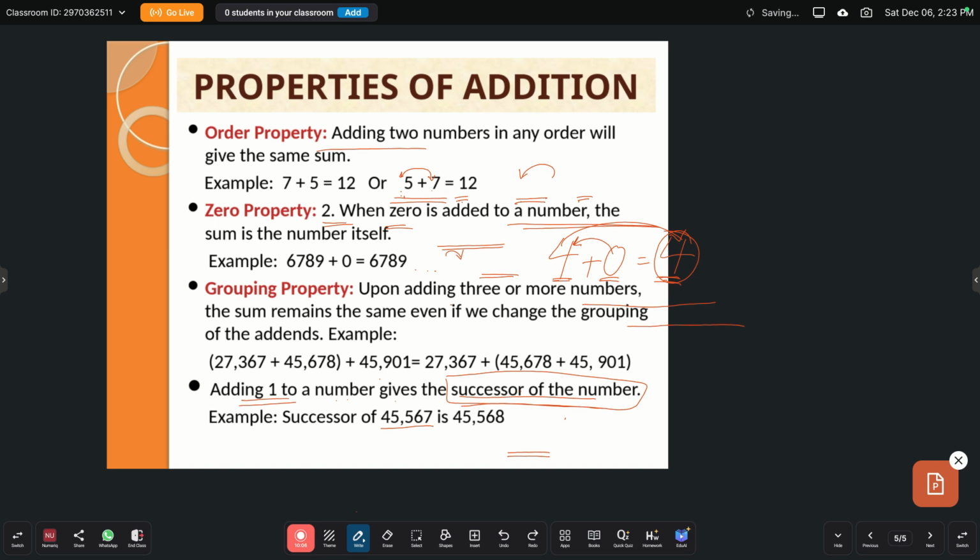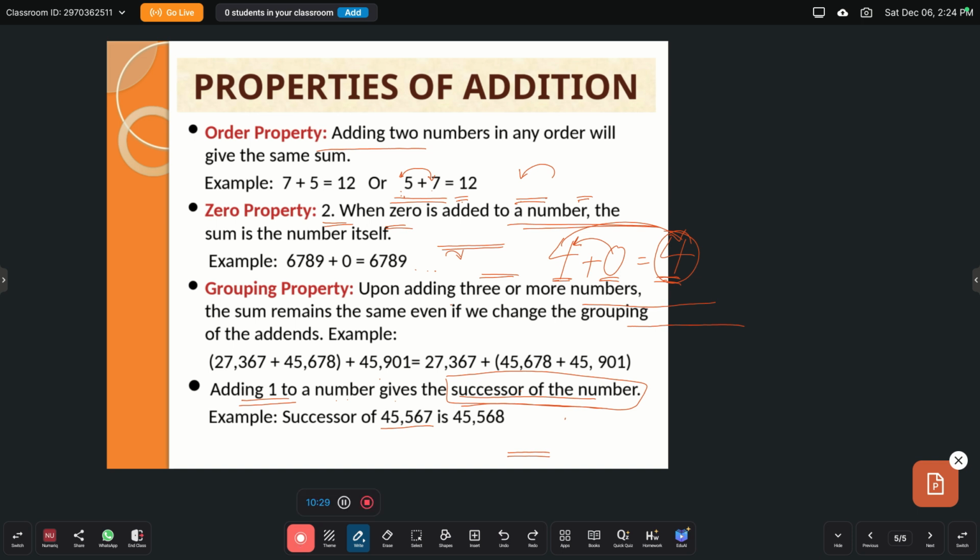Third property is grouping property. It says that upon adding three or more numbers, the sum remains the same even if we change the grouping of the addends. And the fourth property says that when we add 1 to a number, we get the successor of that number.